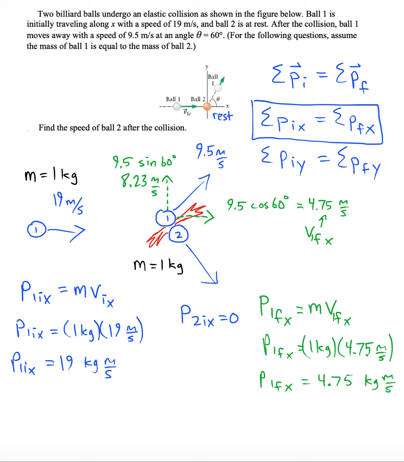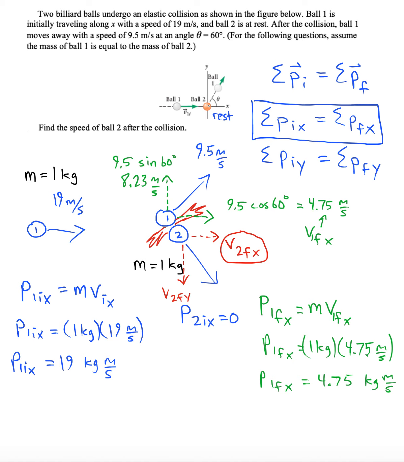All right, good to know. Now let's check out ball 2. Ball 2 is going to have a final component of velocity in the x direction as well, v2 final x, and it'll have a y component as well. But we don't know what they are.